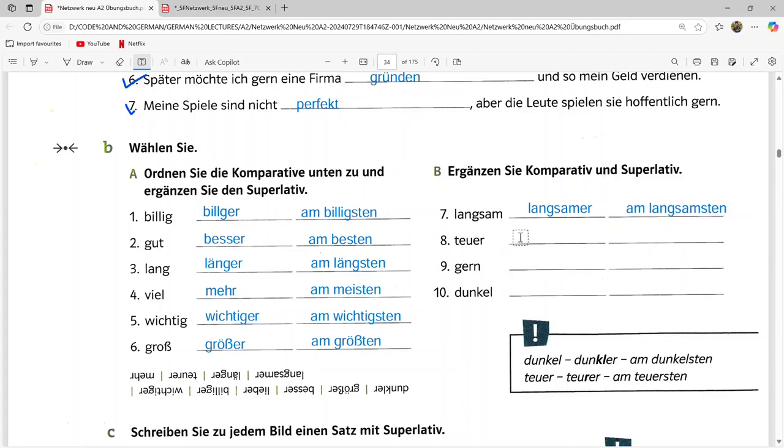Okay, teuer will be like this, teurer, and then am teuersten. Gern is lieber, and in superlative it is am liebsten.